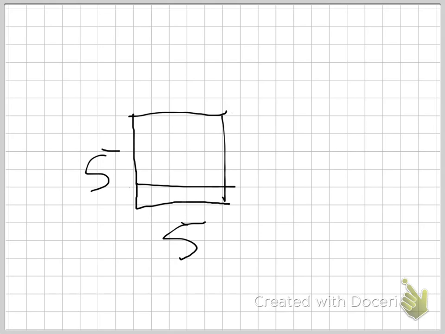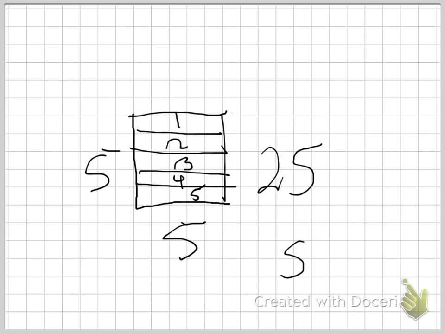So for instance, if we had 5 by 5, right, we have 5 rows of 5. That's 25. And that's the same as 5 times 5, which is the same as 5 squared. So this picture is the same as 5 squared.